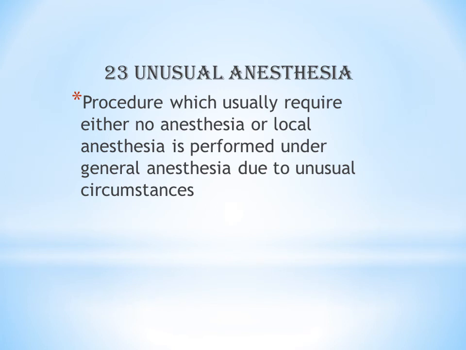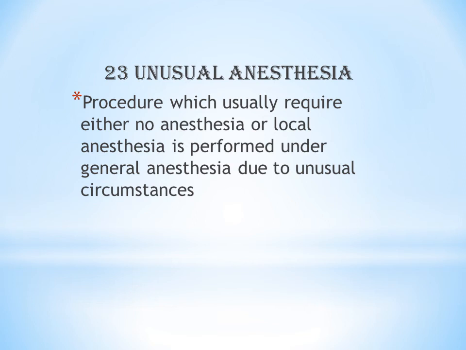Next one is modifier 23, that is unusual anesthesia. A procedure which usually requires either no anesthesia or local anesthesia is performed under general anesthesia due to unusual circumstances. That is, for doing a procedure which usually does not require any anesthesia, or which can be done under local anesthesia, but due to some circumstance, such as a non-cooperating patient or a patient with a developmental disorder or some abnormalities, the patient requires general anesthesia performed by the physician.